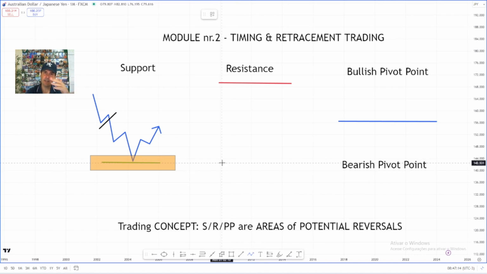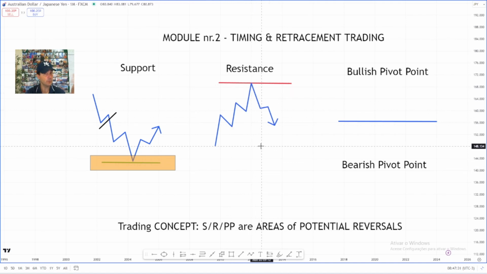Resistance, no brainer, nothing special. It's going to go from the downside up, making higher highs, higher lows, higher highs, higher lows. It is going to reach resistance and then it is going to react. Okay, same story. There are some areas that you should not enter. There are some areas where you should take profit, especially if this resistance is on the monthly, weekly, daily, but you are trading on the 15-minute or the 1-hour chart.